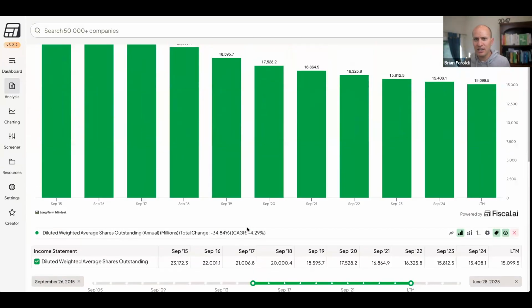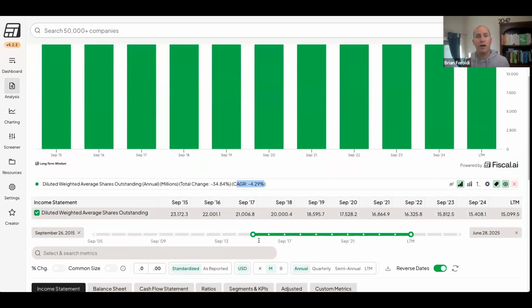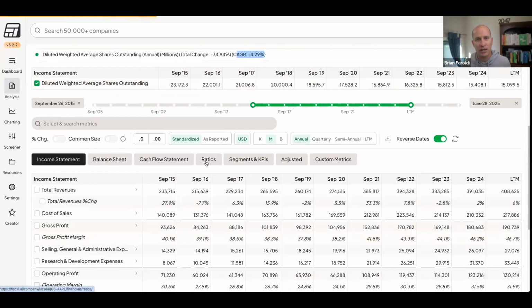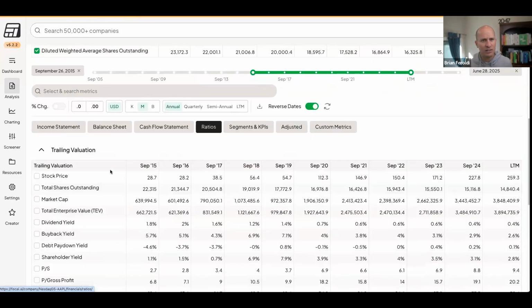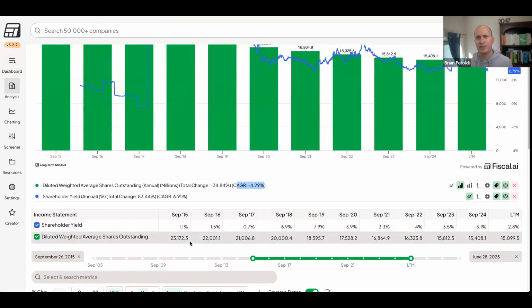If you look at the last 10 years, I put this in the email, but minus 4.3% per year. So the share count has declined 35% in total, or you've gotten a 4.3% return annualized just from stock buybacks. They have a cool metric called, I think it's in key metrics, yeah, here it is, shareholder yield.